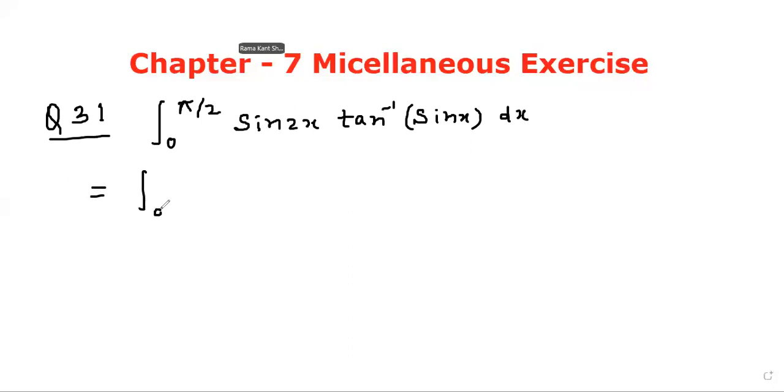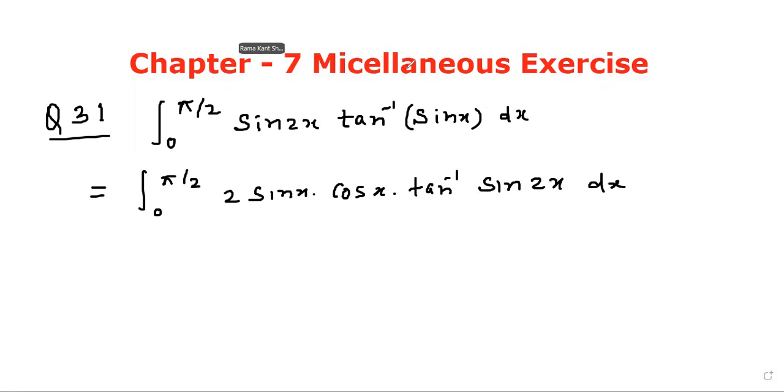We can write it 0 to pi by 2 sine x cos x times tan inverse sine x dx.